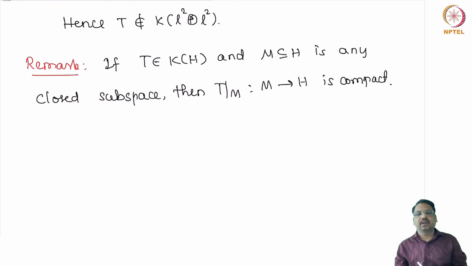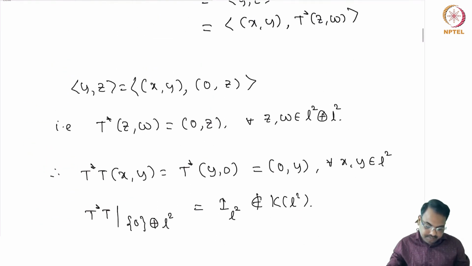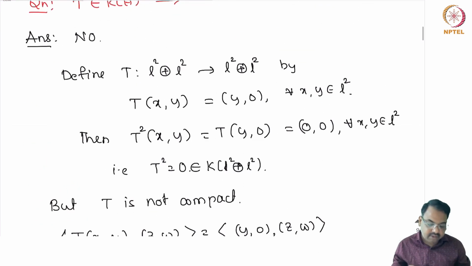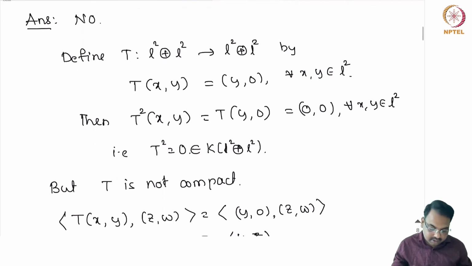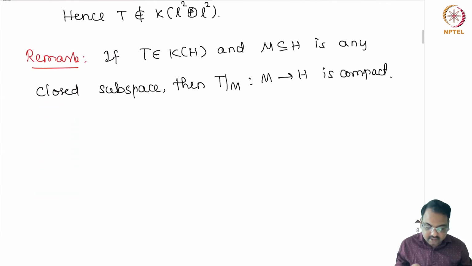So these are some of the important properties of compact operators. In the next class, we will discuss more information about compact operators. I'll stop here. Thank you very much.